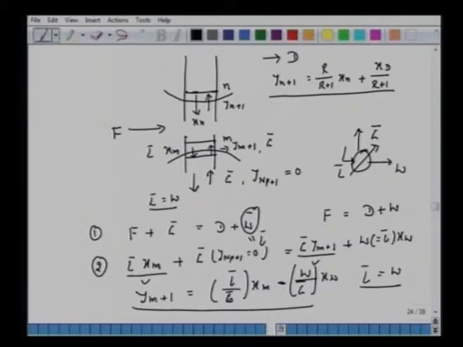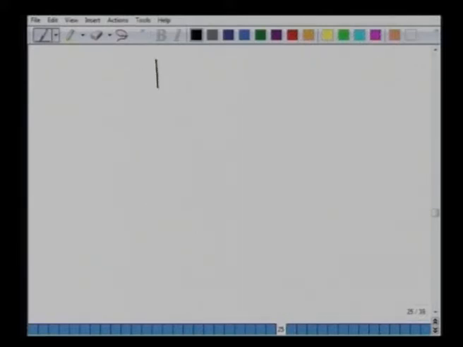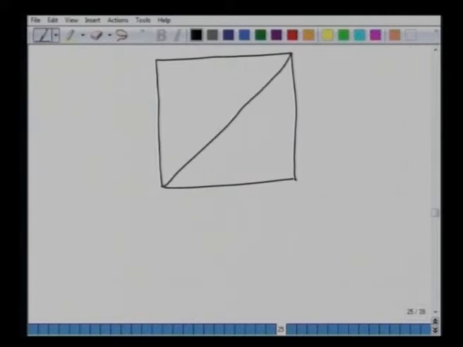So let's see how we can plot this on the McCabe-Thiele diagram. We realize that the equilibrium curve is the same and the operating line equation for the rectifying section is the same. The equation for the top is Yn plus 1 equal to R over R plus 1 Xn plus Xd over R plus 1.